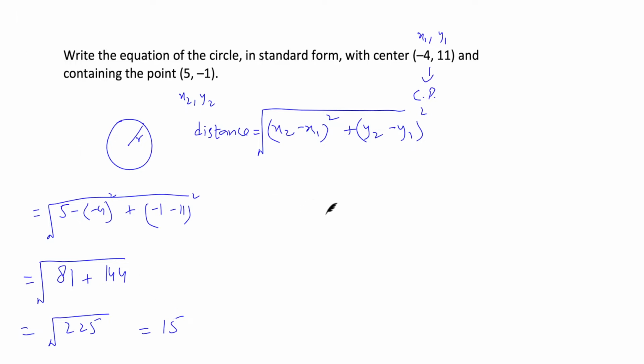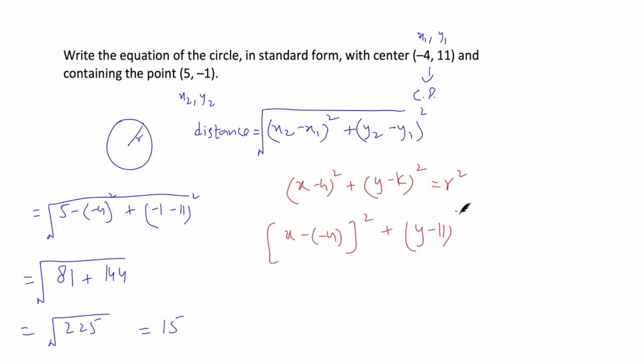Now we know the equation is basically (x minus h) whole square plus (y minus k) whole square equals r square. We already have the center point, which is (-4, 11). Just be careful with the sign. So we have x minus minus 4, this is our (x minus h) whole square, plus (y minus 11) whole square equals 15 squared.